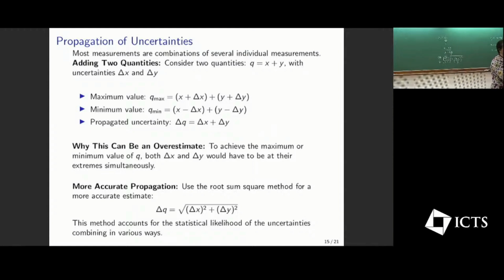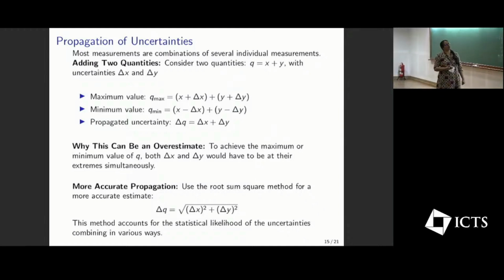For example, the other day Rajaram was talking about how the unit of length is standardized. The unit of time comes with a lot of accuracy from that cesium clock, but then you assume that c is constant, and you can find out the uncertainty in the length, right? So this happens.